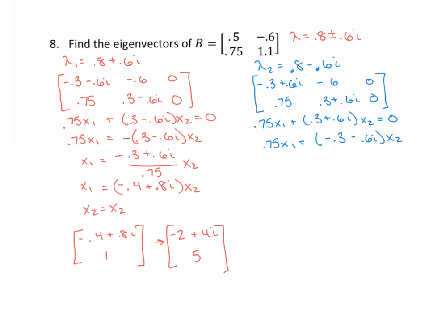Notice that I keep the x2 on the outside. I don't distribute it in, because I'm just looking for that coefficient simplified. So we did this algebra before. The 0.3 over 0.75 is going to be 0.4, and then 0.6 over 0.75 is going to be 0.8.